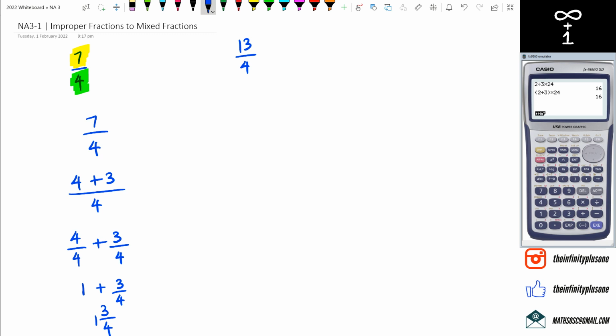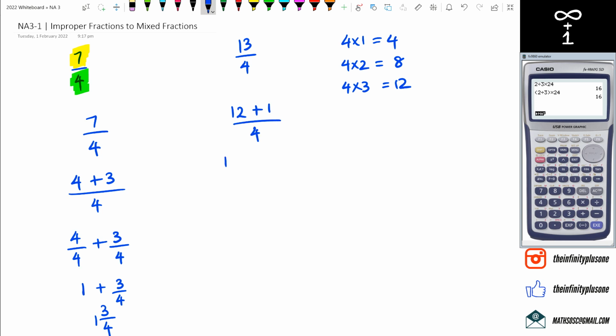By multiples I mean 4 times 1 is 4, 4 times 2 is 8, 4 times 3 is 12. Now 12 is a lot closer to 13 than 8 and 4 are. So that's why I'm going to choose 12. So I'm going to rewrite 13 over 4 as 12 plus 1 over 4.